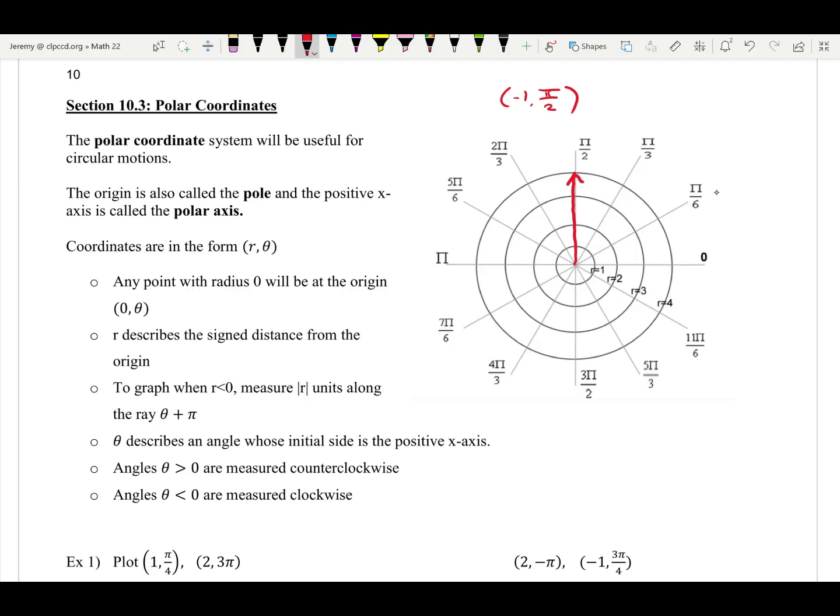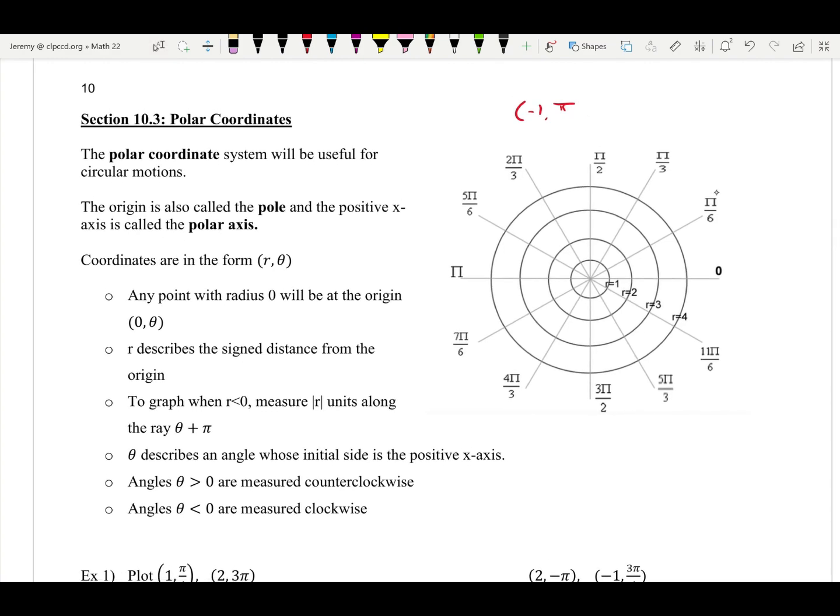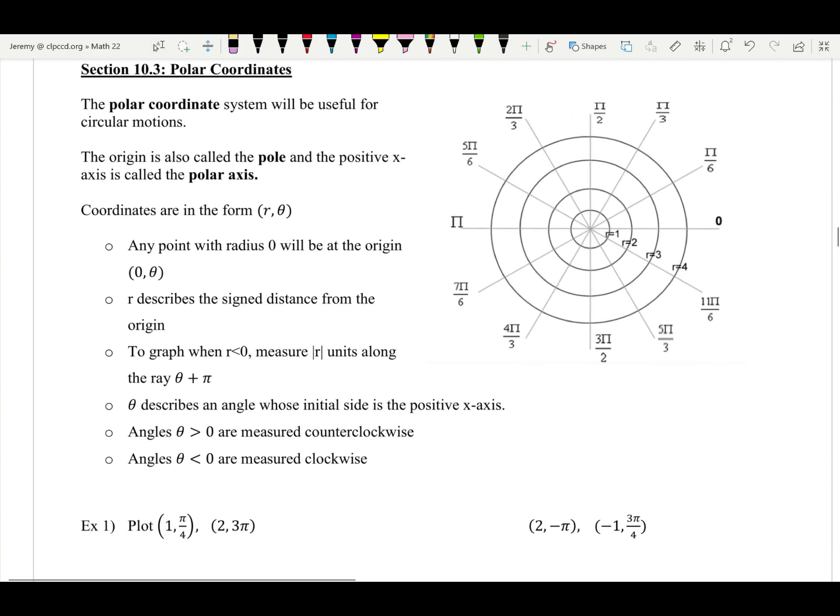Negative 1, we're just going to count in the opposite direction. So that's where that point is going to land right there. Another way of thinking about that is rather than counting along pi over 2, we're going to add pi to pi over 2, and we'll actually be looking at 3 pi over 2. We'll see more examples very shortly, but we can have negative radii in this case.